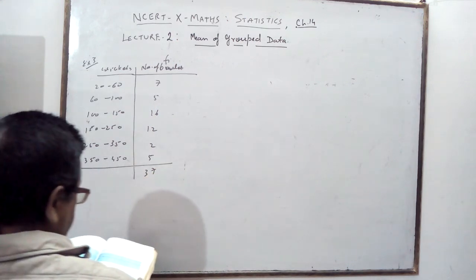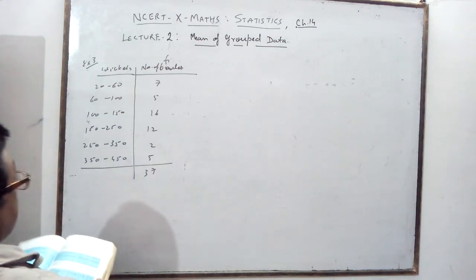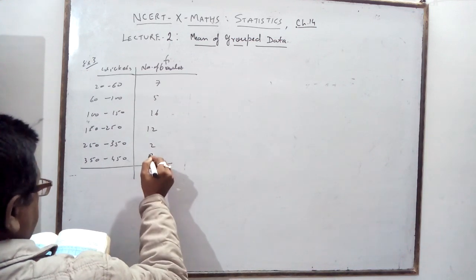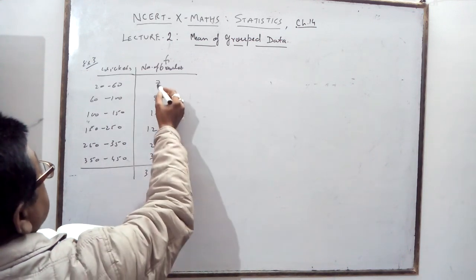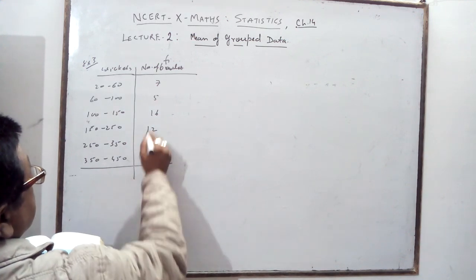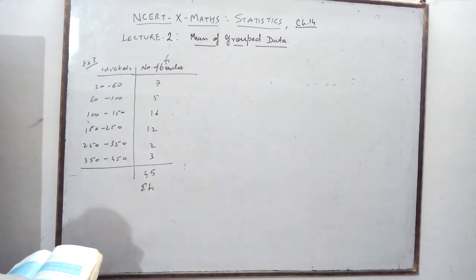You will get 2, 3. 12, 2, 3. It is sigma f_i, you are getting 45.